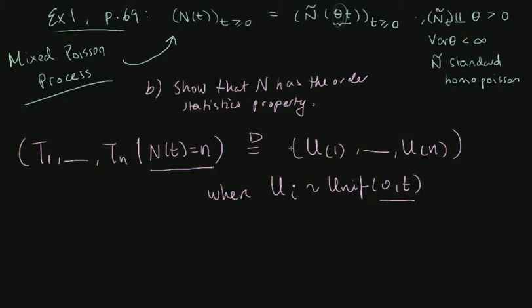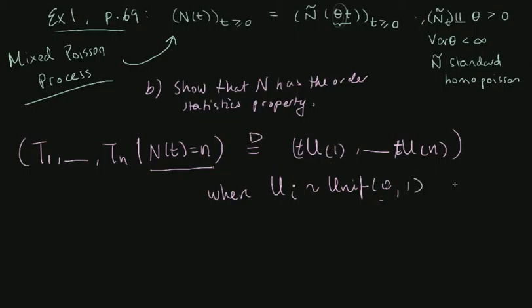Now we can show it this way. We can also show it a vaguely different way, which is actually the same way. This is the same as saying that we want to show that the arrival times given N(t) equal to n have the same distribution as an IID standard uniform sample that has been ordered.